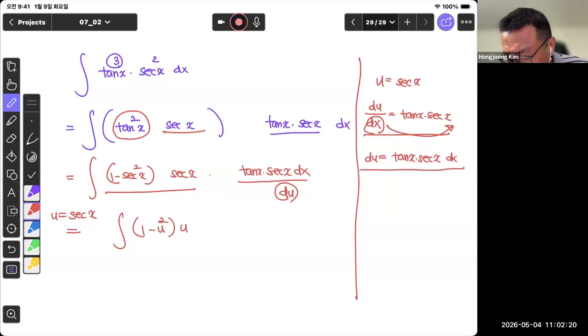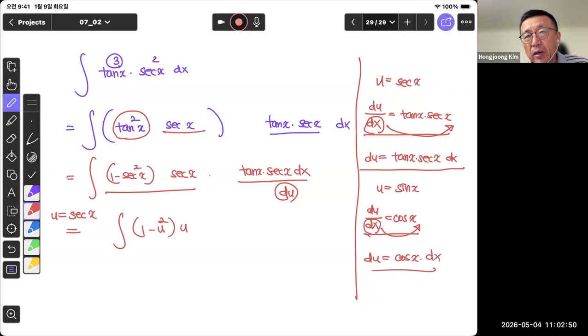As another example, if u substitutes, say, sine x, then the derivative of u with respect to x, du dx, will be cosine x. Once you get this formal result, please put this dx to the other side. Then du will replace cosine x dx.